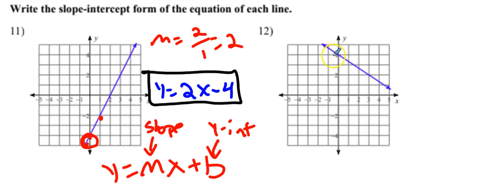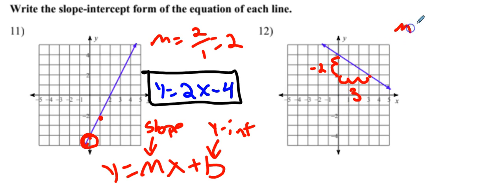All right, in number 12, we're going to pick 2 points again to find our slope. I like this one, and I would say this point right here, because they cross exactly at the intersection of these 2 grid lines. So when we look at that, we're going down 2, and we're going over 3.